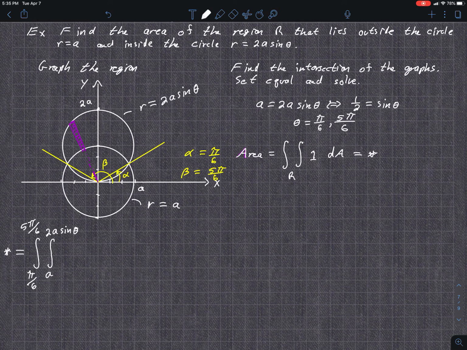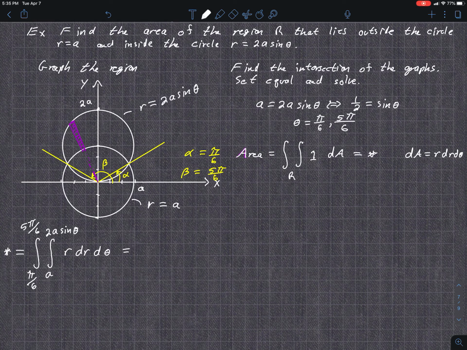And then convert your dA. So always remember you have to convert your dA. So your dA is always your r dr d theta. And yes, we will be able to later change the order of that, but you need this extra little r in there for polar. So it's r dr d theta.